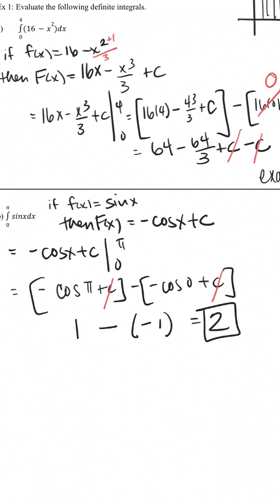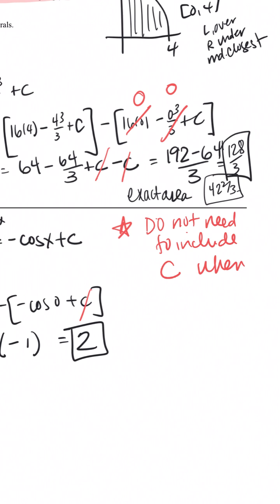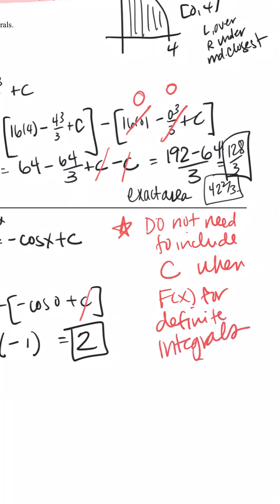Okay, so let's just make a little note here. When you're calculating definite integrals, you do not need to include c when finding F of x for definite integrals from a to b.